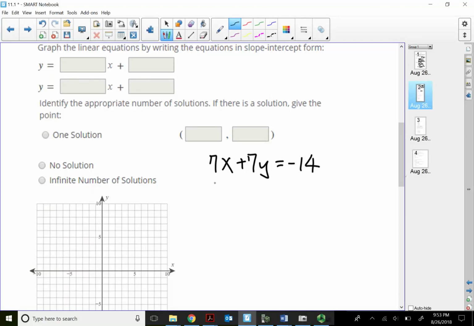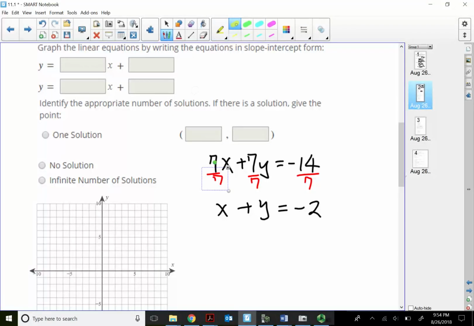This is a very good tactic: if you look at these coefficients and the constant term, they're all divisible by 7. So if I divide every term by 7 initially, then I will get x plus y equals -2.